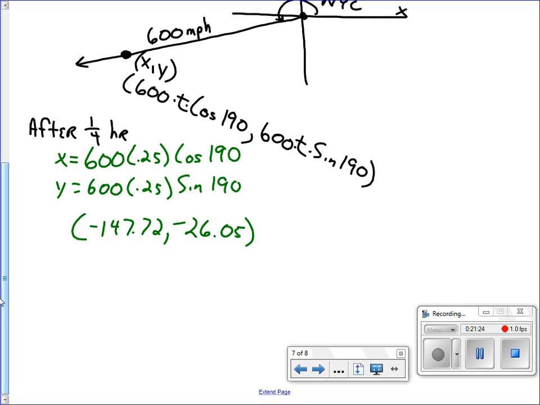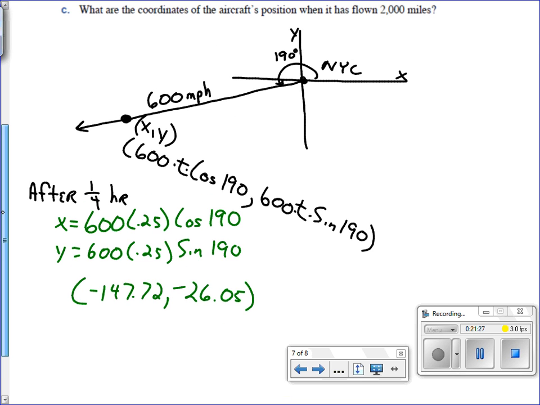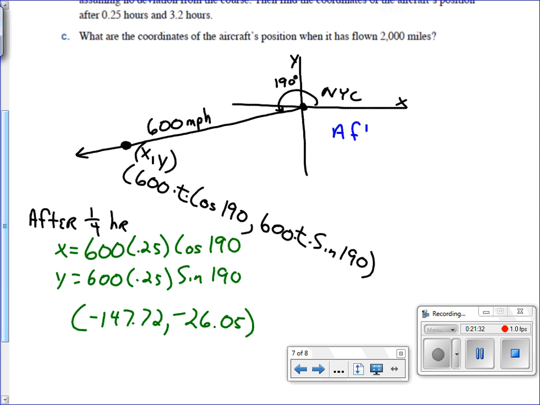Now if we do this after 3.2 hours, x equals 600 times 3.2 times cosine of 190.